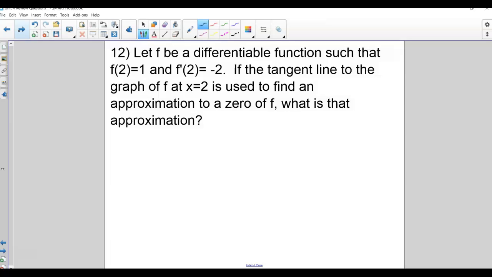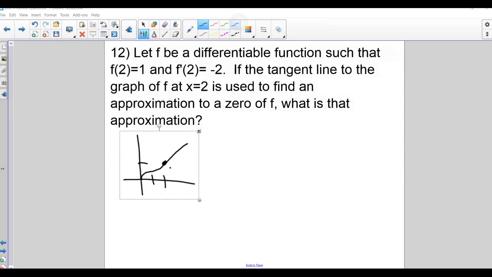So if we kind of think of what's happening here, we know f of 2 equals 1. So we know that our function goes through here. We don't really necessarily know exactly what it looks like, but we're going to draw a tangent line at that point.